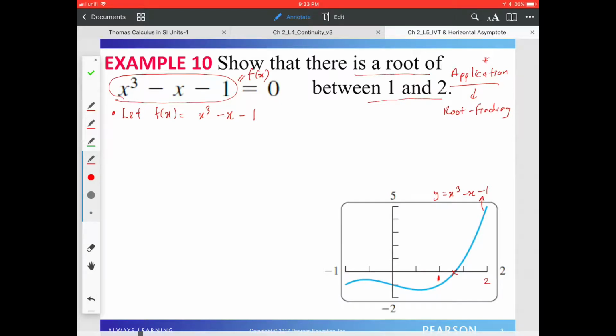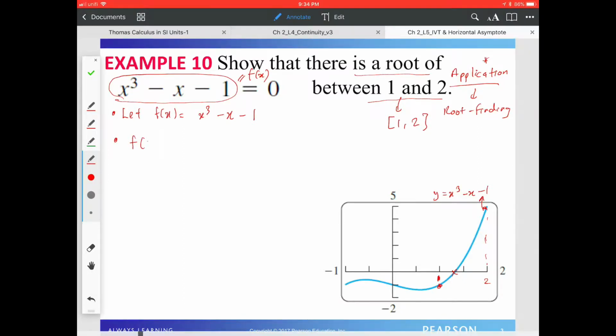Now we are interested in the domain x between 1 and 2, so the boundary is 1 and 2. We will evaluate the boundary.